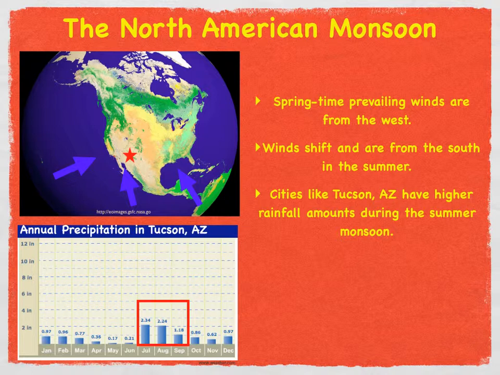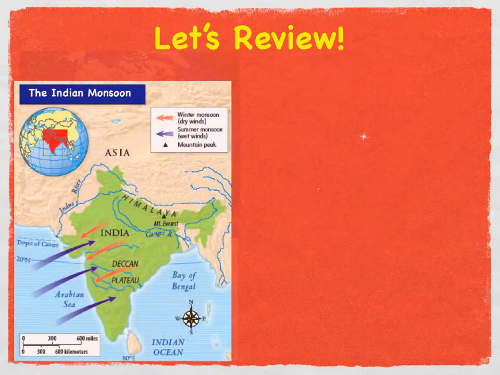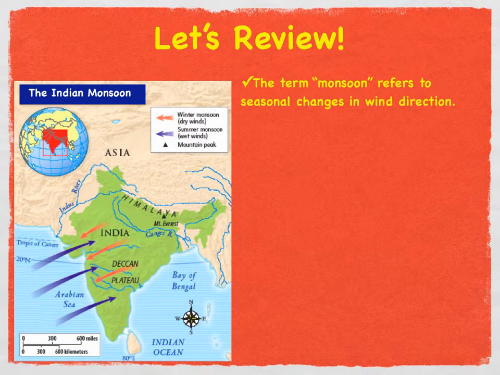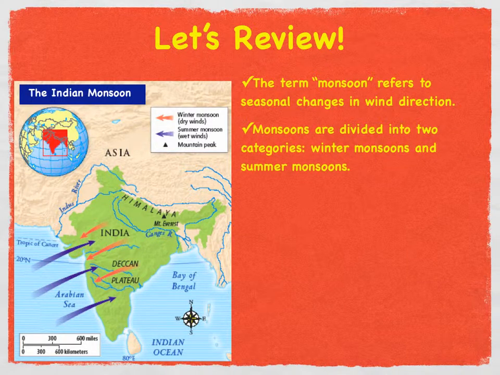So, let's review what we've learned. The term monsoon refers to seasonal changes in the prevailing wind direction. Monsoons are generally divided into two categories: winter monsoons and summer monsoons.